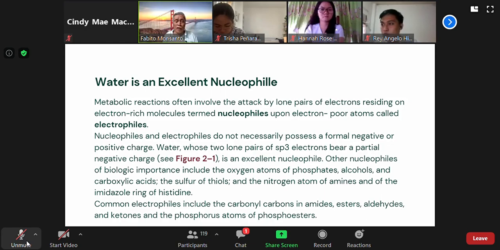Common electrophiles include carbonyl groups in amides, esters, aldehydes, ketones, and the phosphorus atom of phosphoesters.